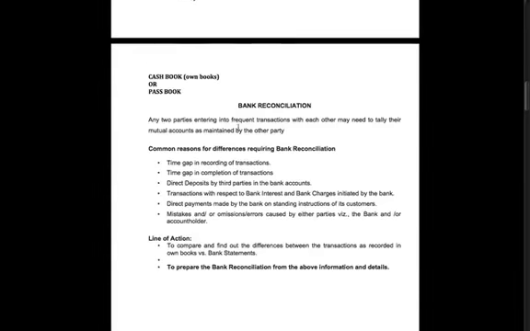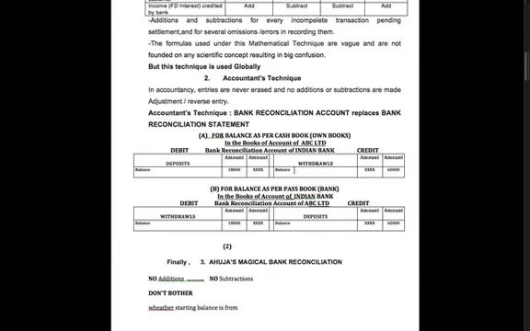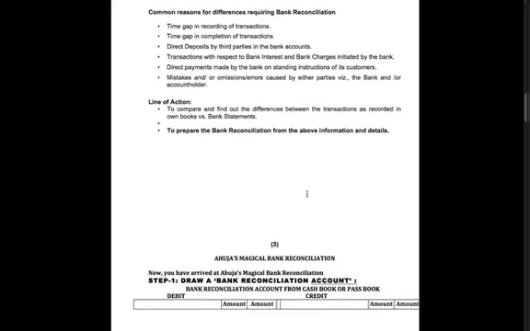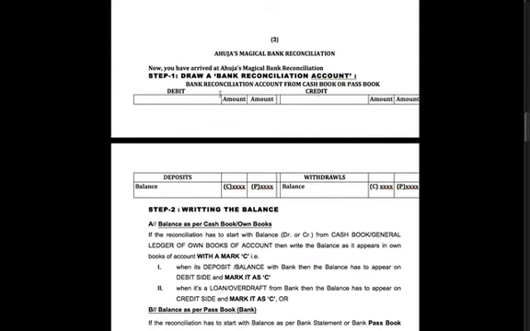Then again, I have deleted these two things, whether the given balance is debit or credit from the cash book, or debit or credit from the passbook. You don't have to make two, it is only one.